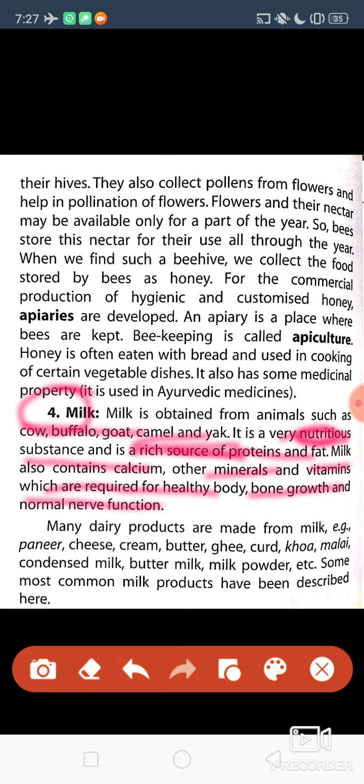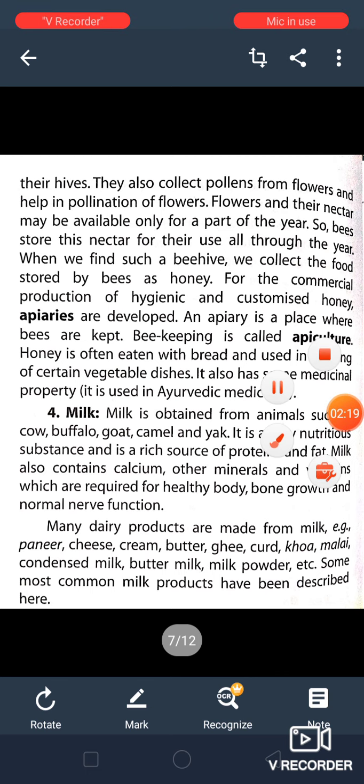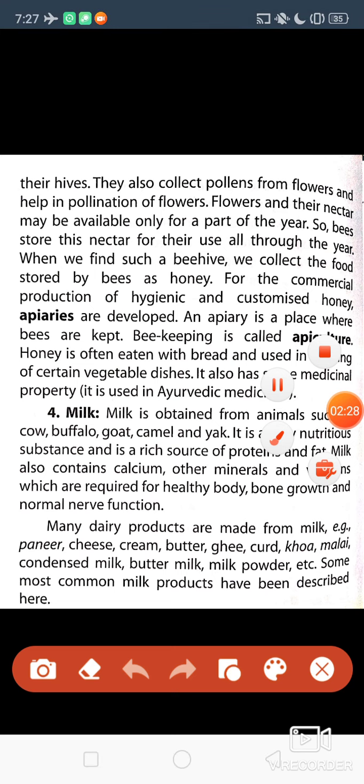So what is milk? Milk is obtained from animals such as cow, buffalo, goat. They are a rich source of protein, fat, vitamins, calcium, and they are very essential for growth of bone and normal nerve function.